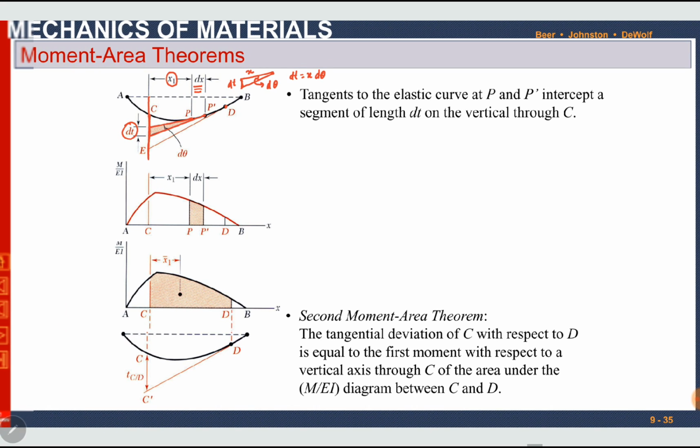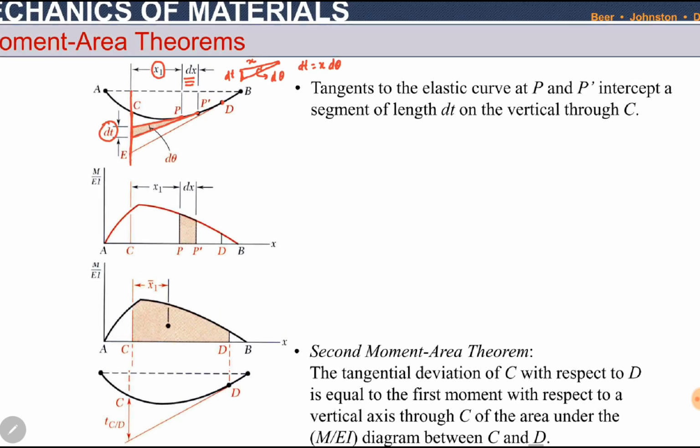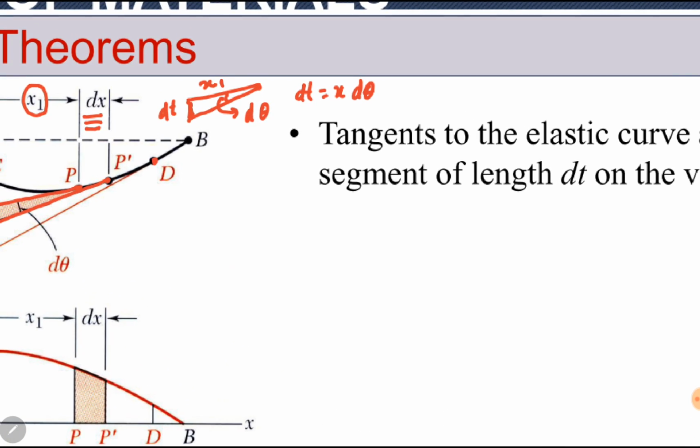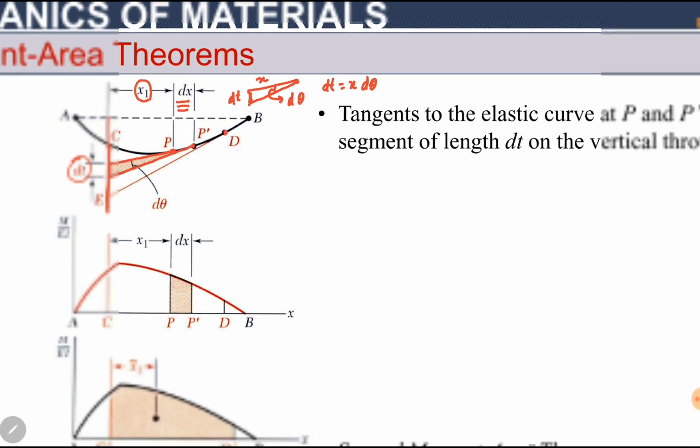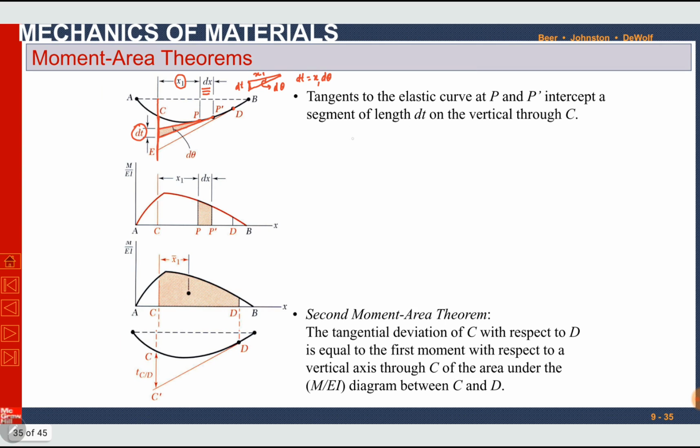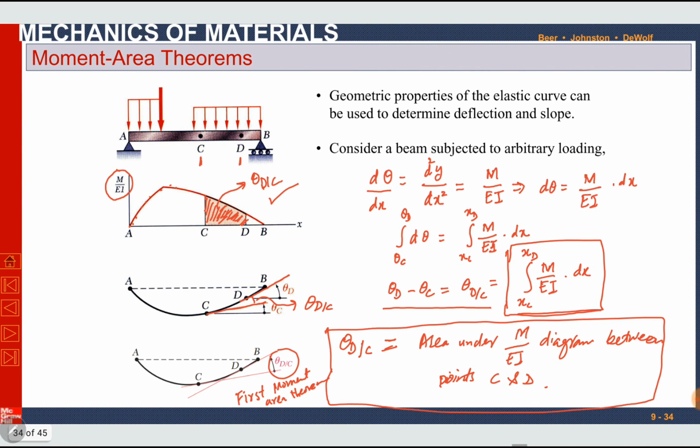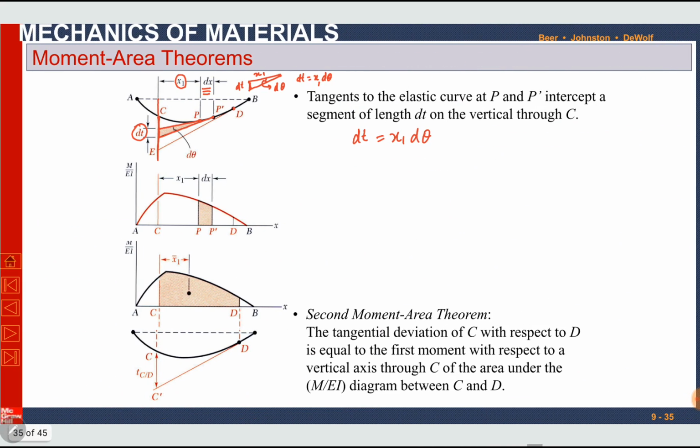Okay, so using this expression, dt is equal to x1 d theta, where this distance is x1. D theta from the previous slide is equal to M over EI into dx.